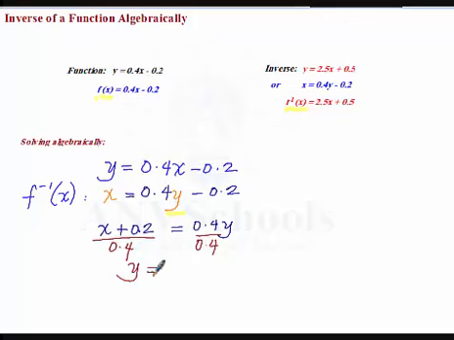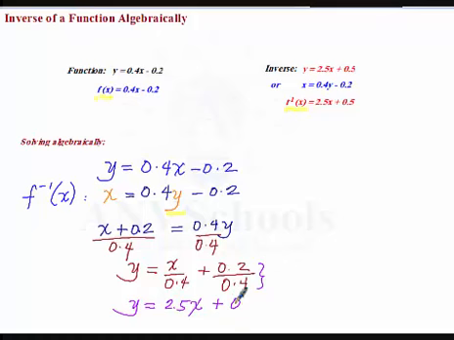And so solving gives us y equals x over 0.4 plus 0.2 all over 0.4. So in this case, we will now get our equation, which is 2.5x. 1 over 0.4 is just 2.5. Plus, this is just 1/2 of each other, so 0.5.